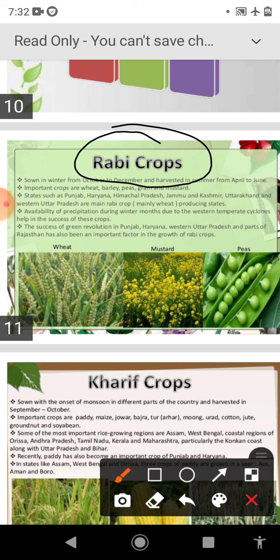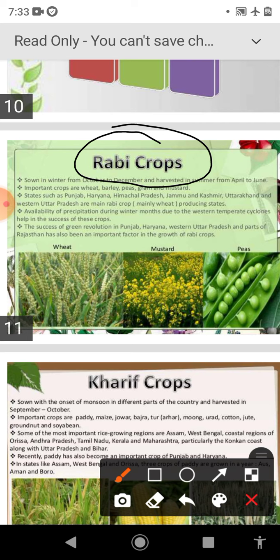Major crops of this season include wheat, barley, peas, gram, and oilseeds such as linseed, rapeseed, and mustard. These crops are grown mainly in Punjab, Haryana, Jammu and Kashmir, Himachal Pradesh, Western Uttar Pradesh, and Uttaranchal.